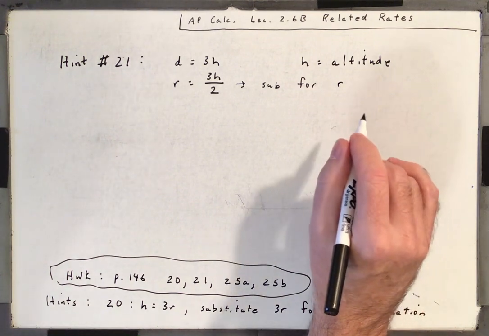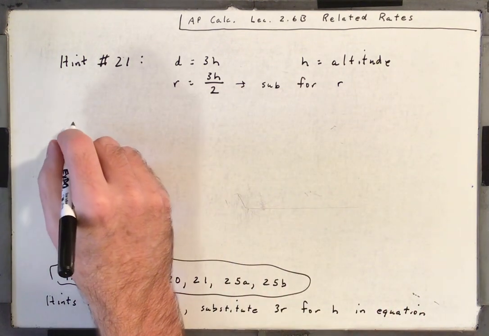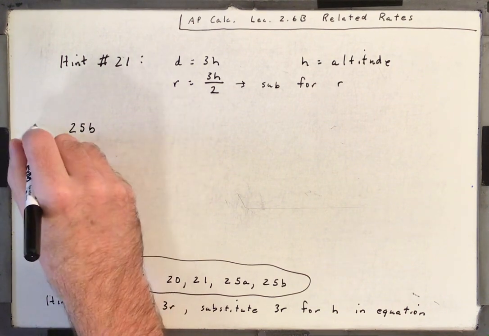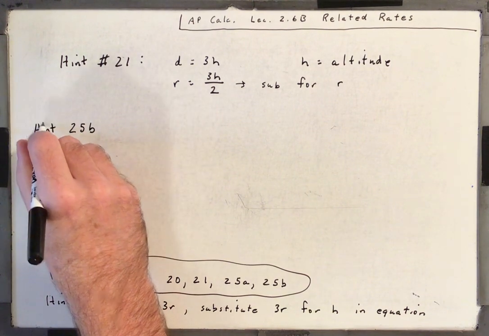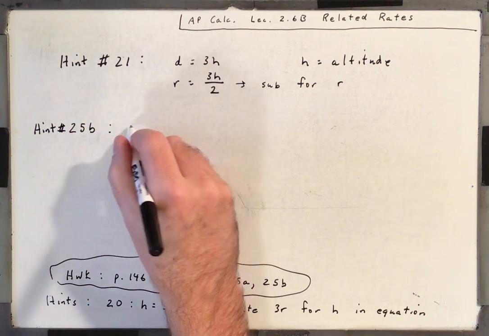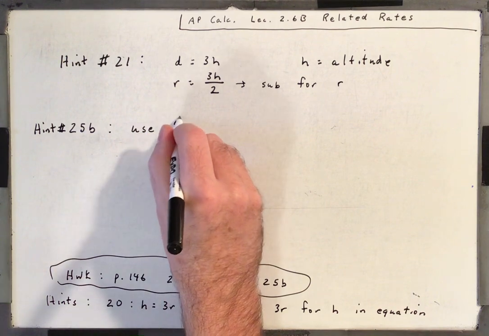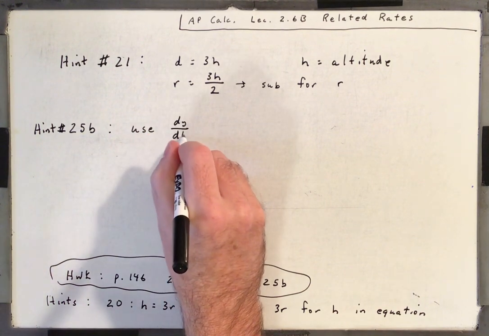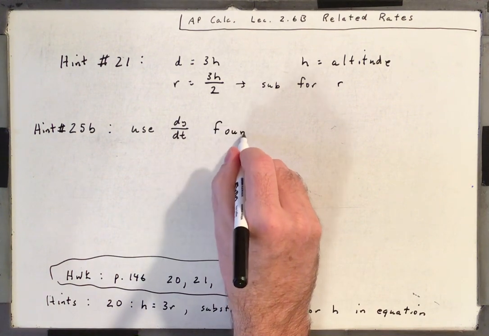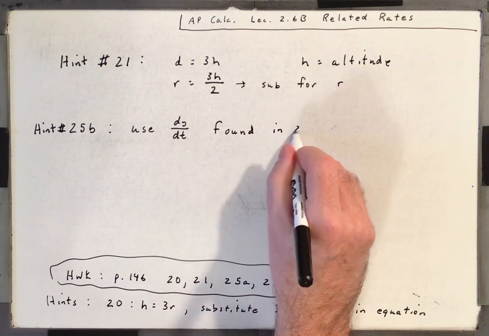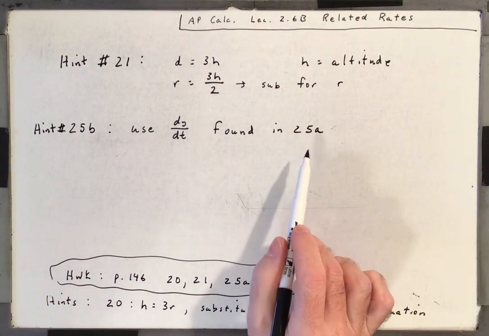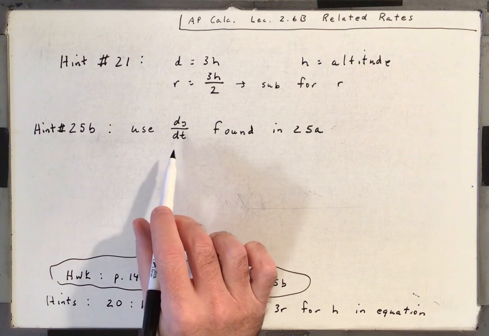Okay, and then number 25A is a ladder problem. So look at that ladder example. 25B, you're going to use dy/dt found in 25A. So you're going to have to use part of your answer from 25A to get 25B.